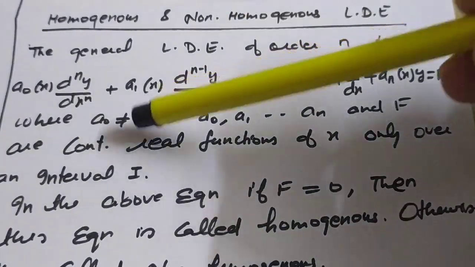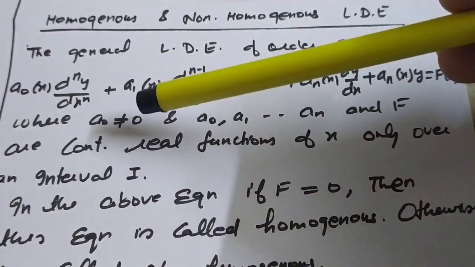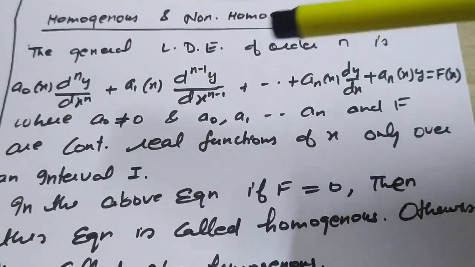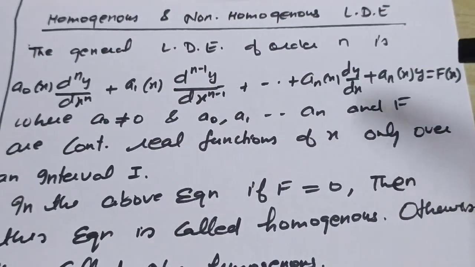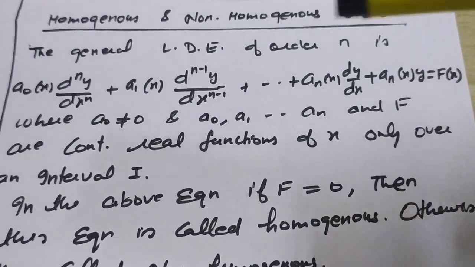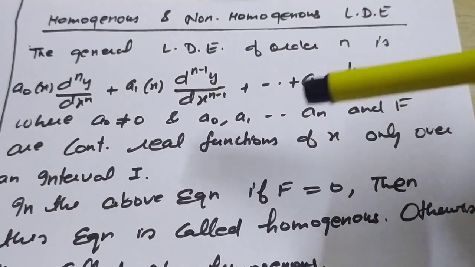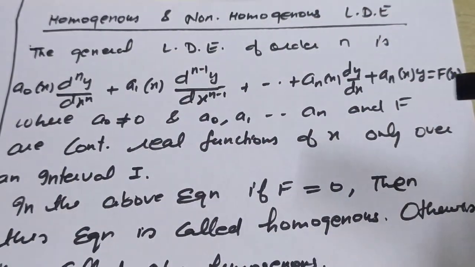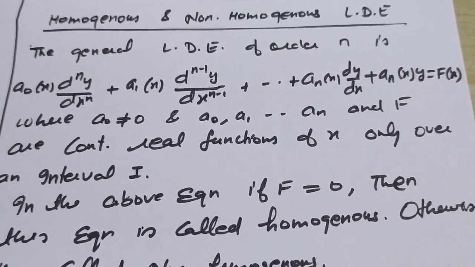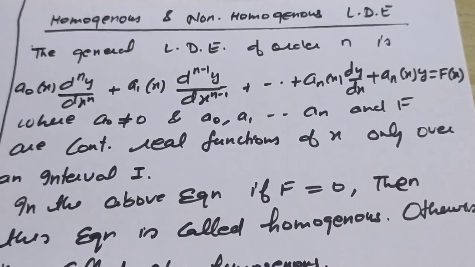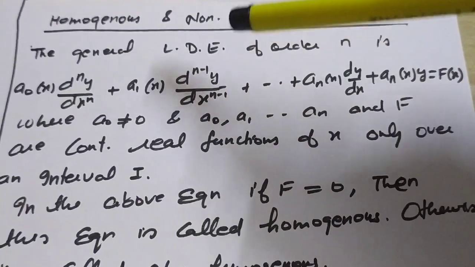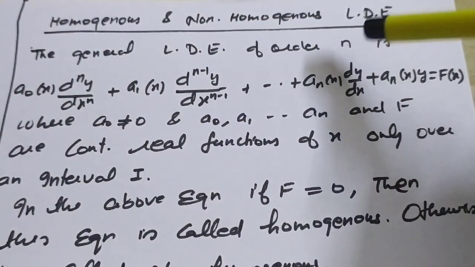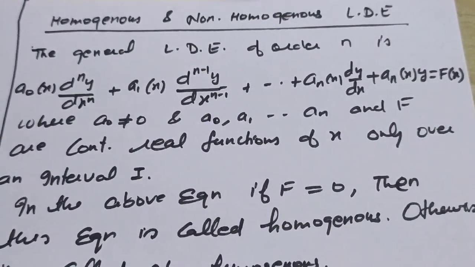In this equation, this a0 should not be 0, and other a0, a1, a2, and so on, an, along with this capital F, must be continuous real valued functions of x only over the interval I. Interval can be any one. So this is the general expression for linear differential equation of order n and degree 1.